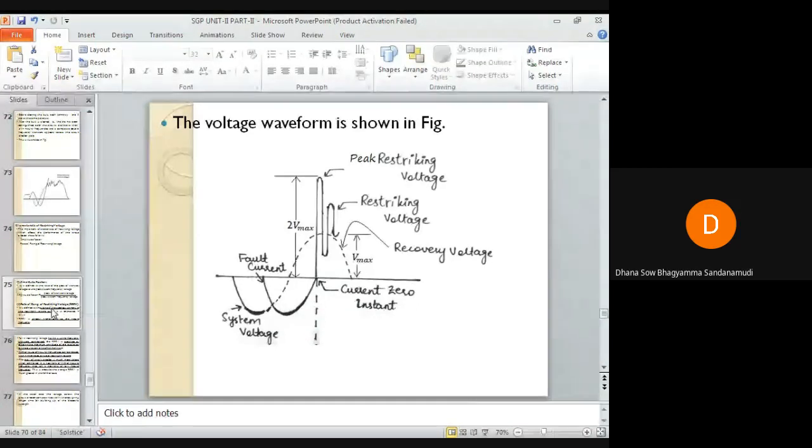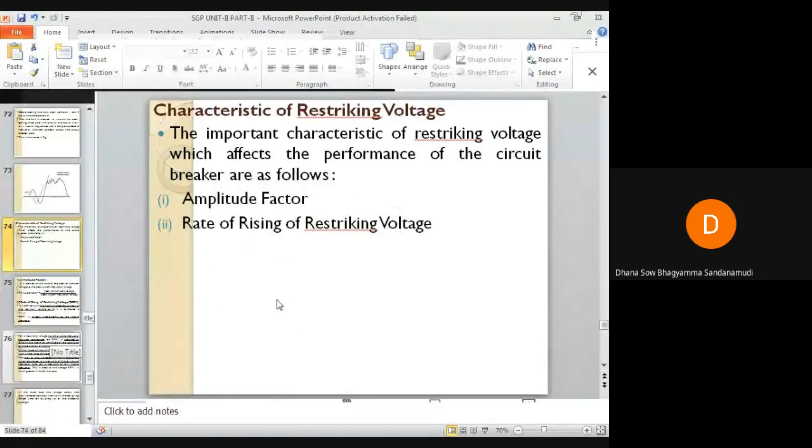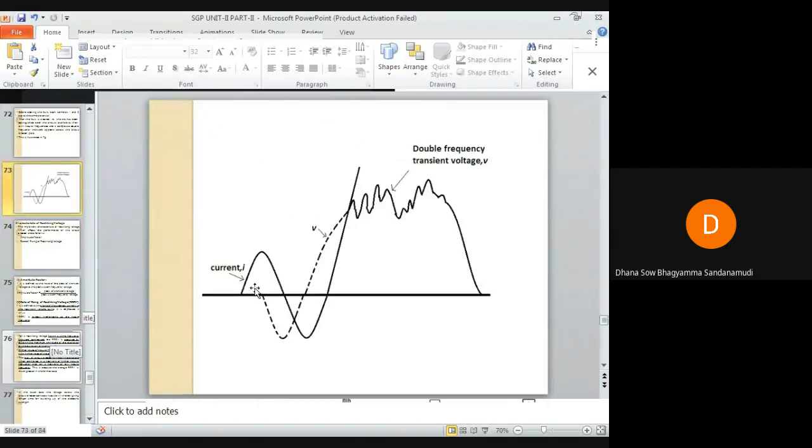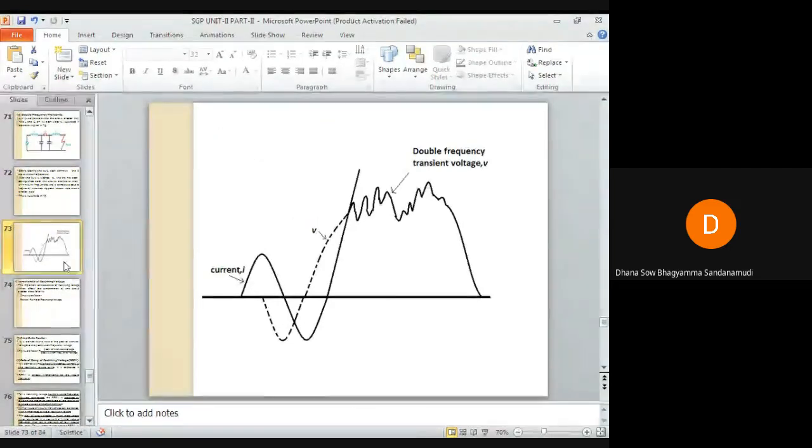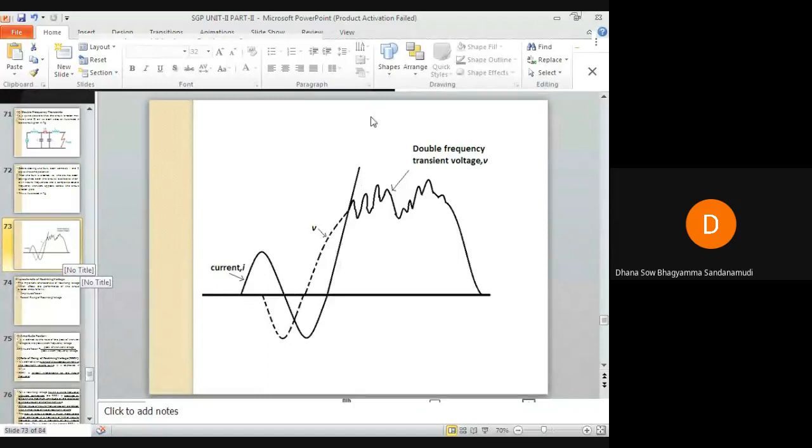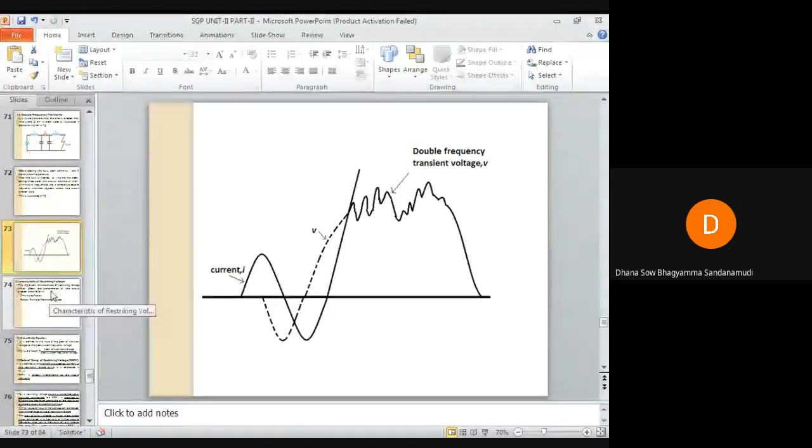Next one is the rate of rise of restriking voltage. Rate of rise of restriking voltage is the slope of the steepest tangent to the restriking voltage curve. As soon as this transient occurs, if I am able to draw a slope to this transient, the steepest tangent that I get, the steepest tangent slope, is nothing but the rate of rise of restriking voltage.